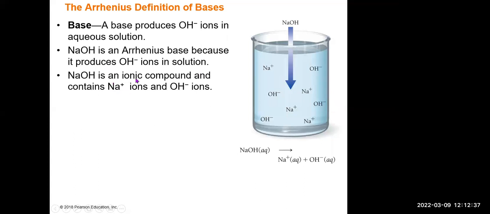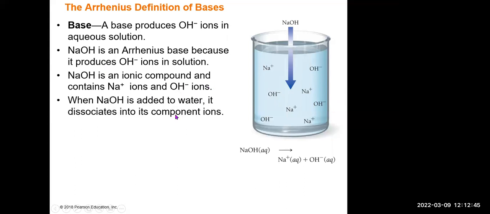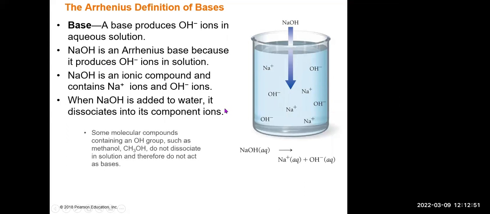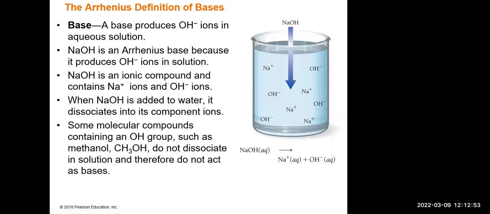NaOH is an ionic compound and contains Na plus ion and hydroxide ions. When NaOH is added to water, it dissociates into its component ions. Some molecular compounds contain an OH group, such as methanol, CH3OH, but do not dissociate in solution and therefore do not act as a base.